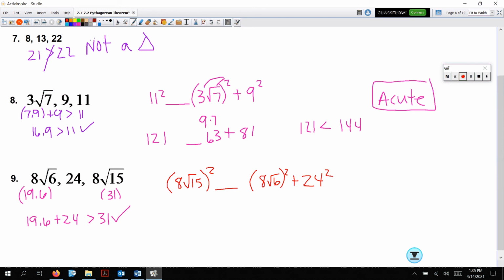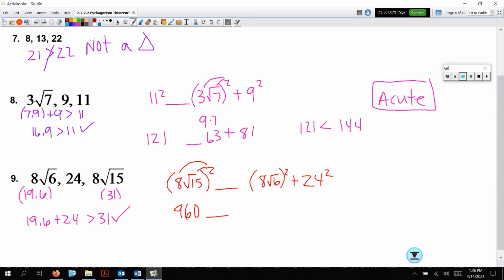Remember, when you're squaring a radical with a coefficient, you square that number. 8 squared gives us 64, and then you free the radical. So 64 times 15 is 960.